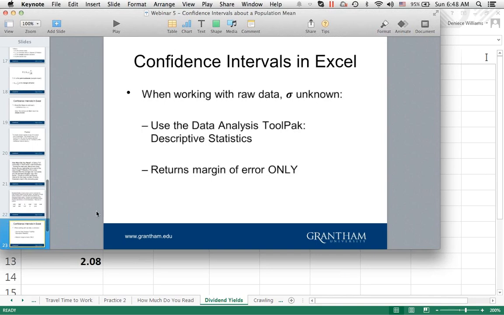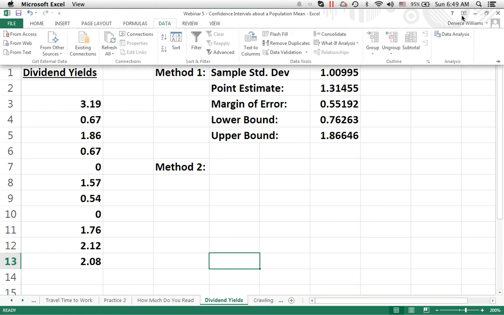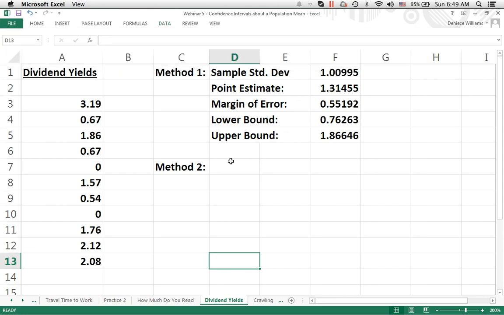Now, this analysis toolpack is also just going to return the margin of error, but it's less work than what we did. Even though what we just did was not a lot of work, we can even do less work. And so that's great because you want to do less work. Now, this will give us the margin of error.